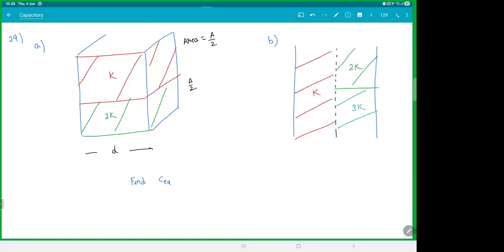This was 3K. So this area was A by 2. This area was A by 2. This distance was d by 2 and this distance was d by 2. I hope you remember this also. This was that special case. Find C equivalent.